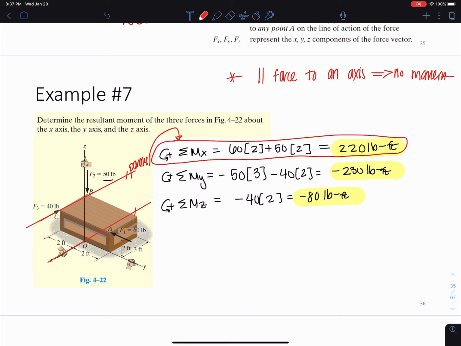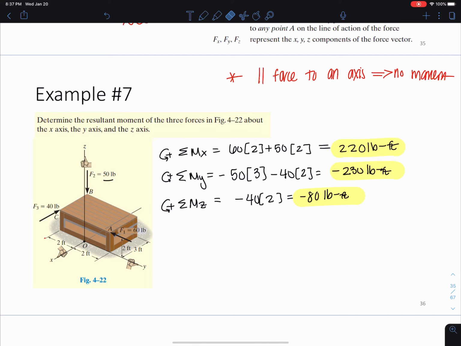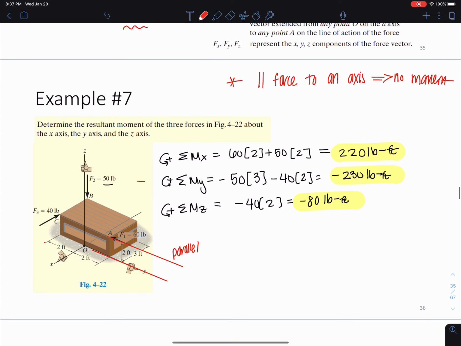Now, let's take a further look here. I'm going to cross this off. Now let's look at why we didn't include the 60. Well, same thing. The 60 is parallel to the y-axis here, right? Parallel. So we're not going to include the 60 there. Now let's take a look at the z summation here. We didn't include the 50.